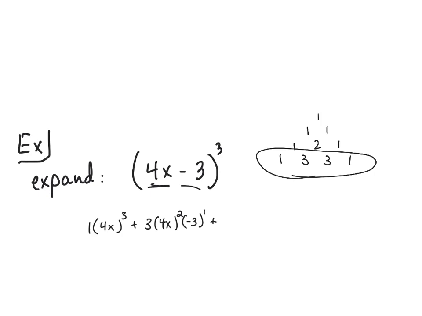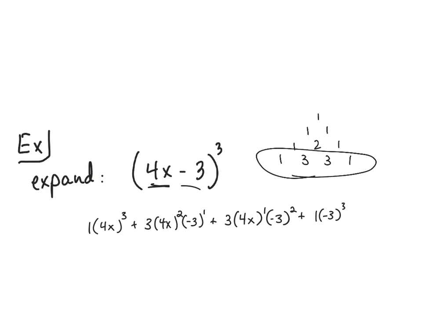The next term also has a coefficient of 3. The 4x is raised to the first power, but now the negative 3 is raised to the second power. Finally, the last term has a coefficient of 1, and then it's the last term now that's raised to the power of n, which is negative 3 to the third power.